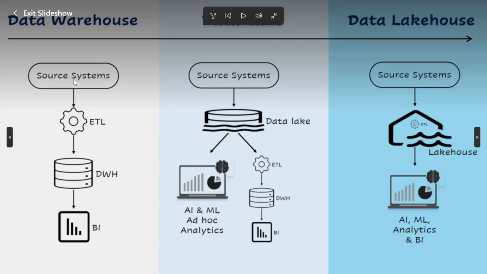By combining data warehouse plus data lake properties, you get the data lakehouse. It just adds a layer called the Delta layer. What this layer does is unlock your RDBMS concept, the RDBMS SQL concept.